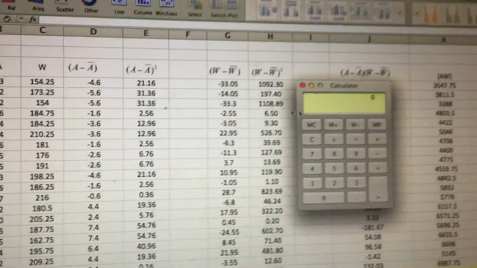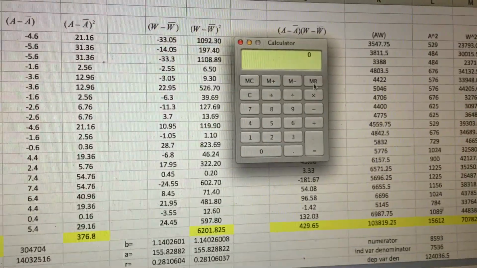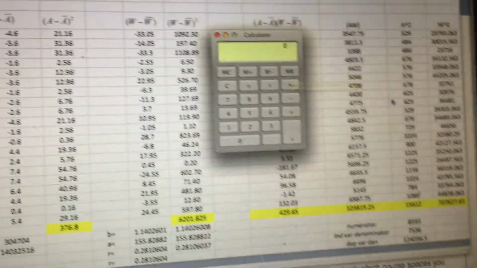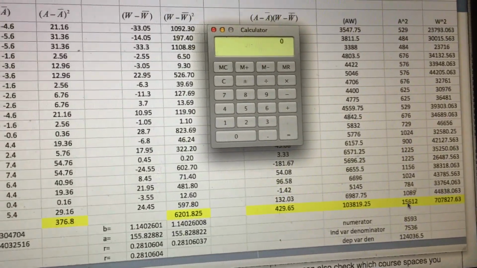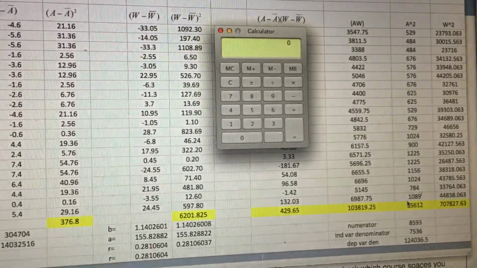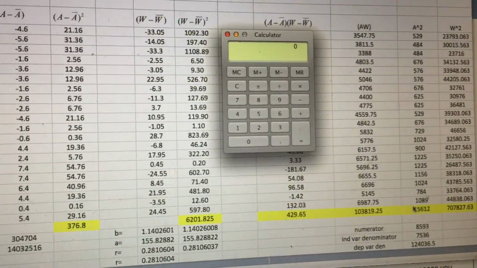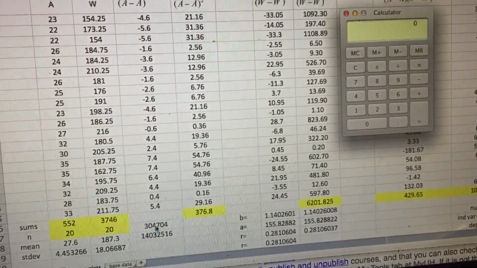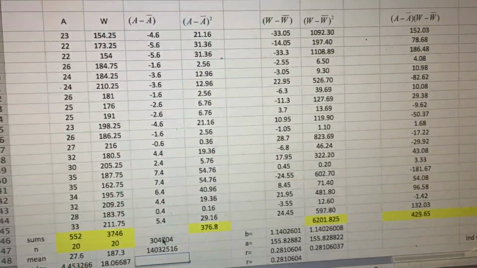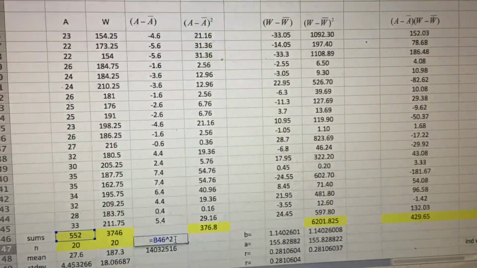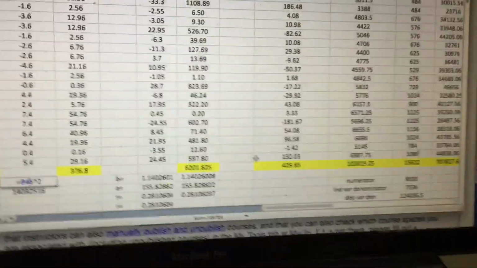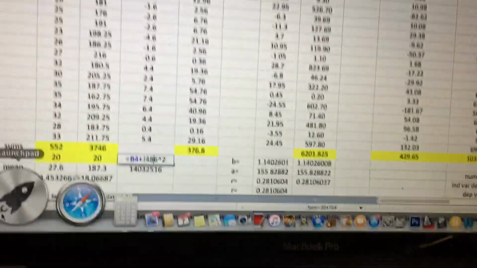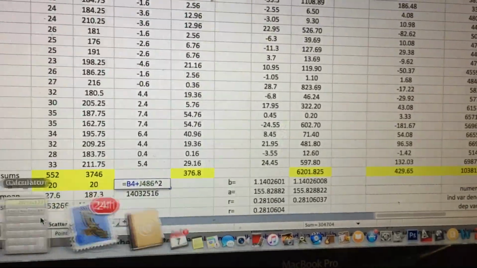Okay, hold on. You know something? I took the 60. That would be B52 squared. Okay. Anyway, okay, so I'm gonna take the calculator. Hold on. Where's my calculator?